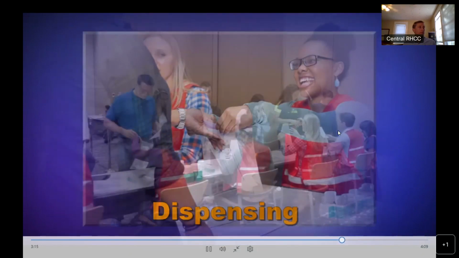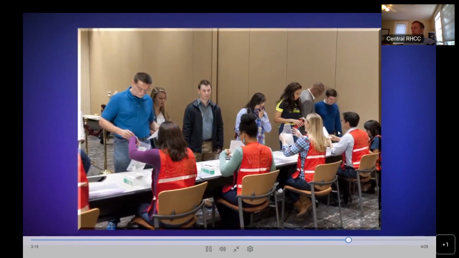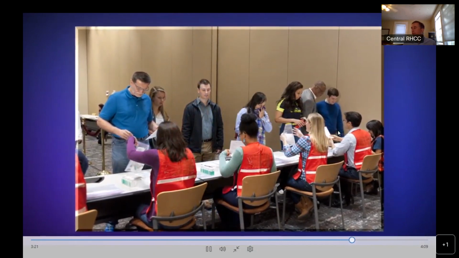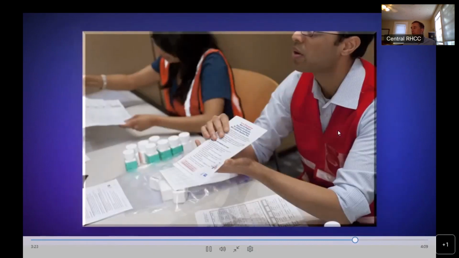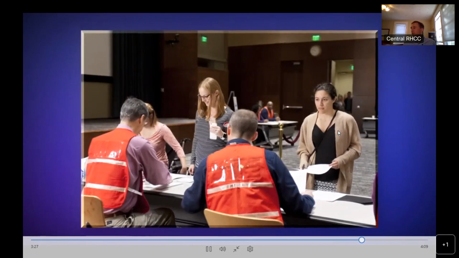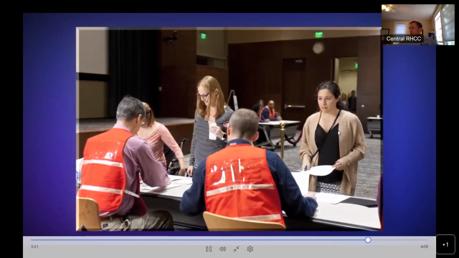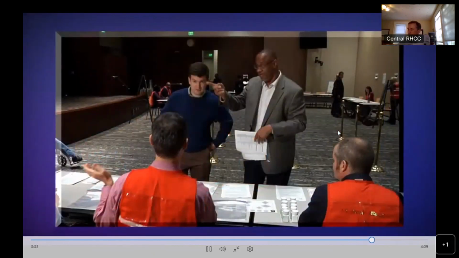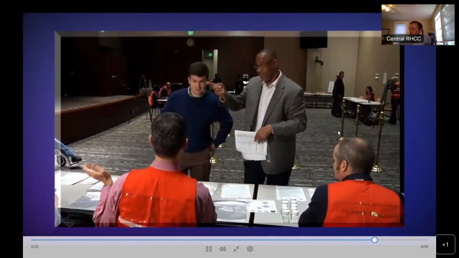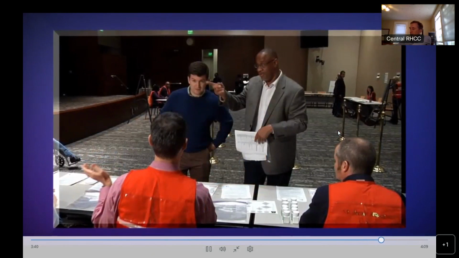As a dispenser, you'll be responsible for reviewing the client's screening form and dispensing the appropriate MCM. You should also provide any relevant fact sheets and ask if the client has any additional questions concerning the MCM that was administered. Once you verify the client has no other questions, direct individuals towards the exit to leave the pod.